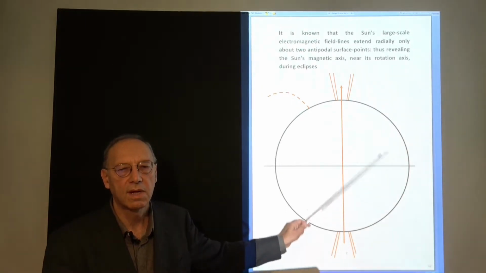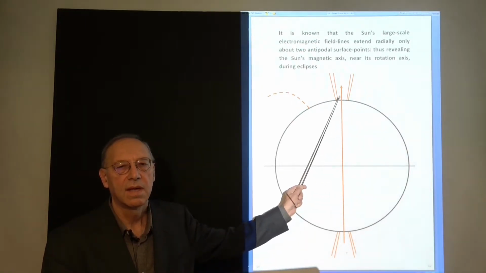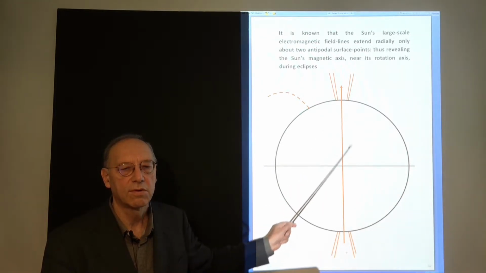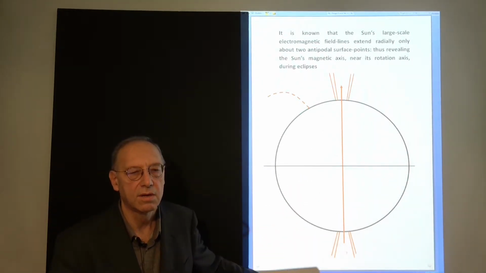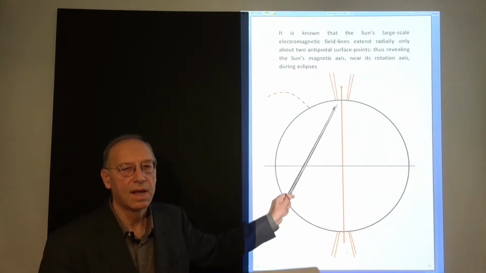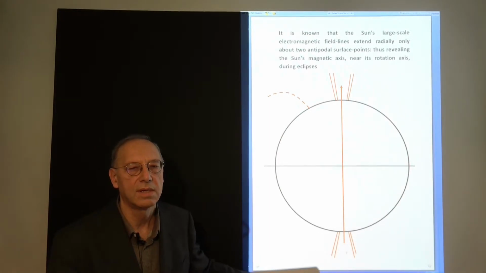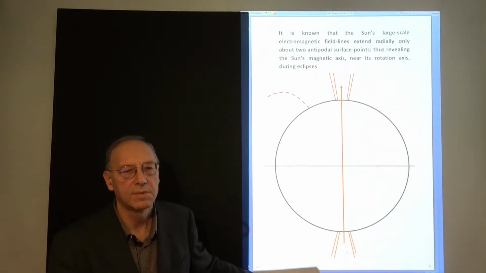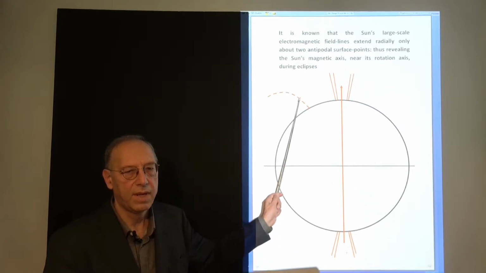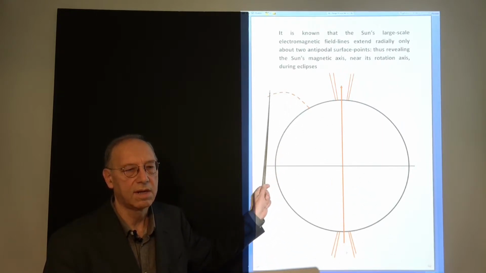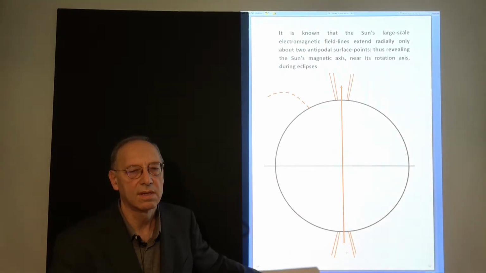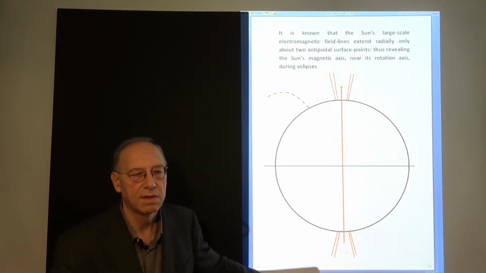We have to start from the fact that at the antipodal surface points that are near the rotation poles, the electromagnetic lines, which can be seen delineating the solar magnetic field during solar eclipses, are radial. At all other places, they are curved and close back to the Sun in the opposite hemisphere.